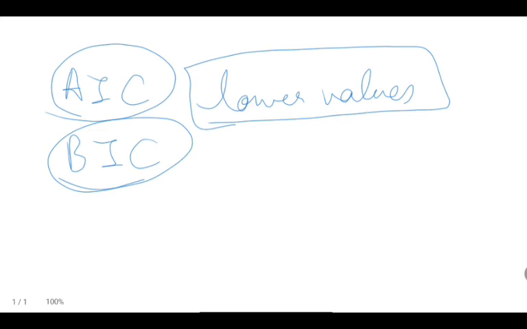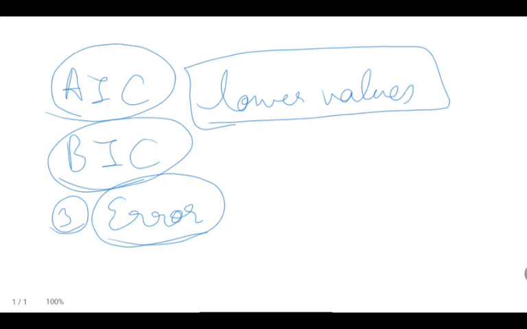Okay. Now, the third criterion is practically checking the sample size. So if we get a message that the model failed to converge or there's a singular fit, it means it is an error in execution of the model.